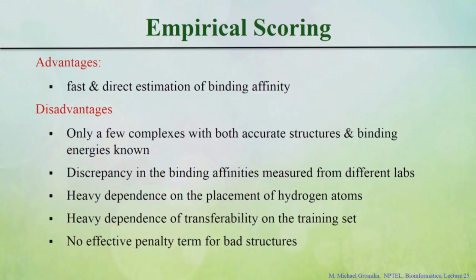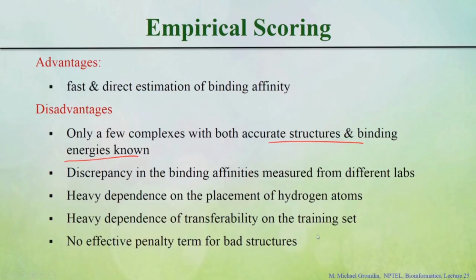In this case, the accuracy is difficult, because the fitting is not proper. Then you can see discrepancies in binding affinities. Sometimes the binding affinity reported by different labs is different, and it is difficult to fit with this particular equation. Also, it depends on the placement of hydrogen atoms, because they make different interactions, so it depends upon where the hydrogen atoms are placed.